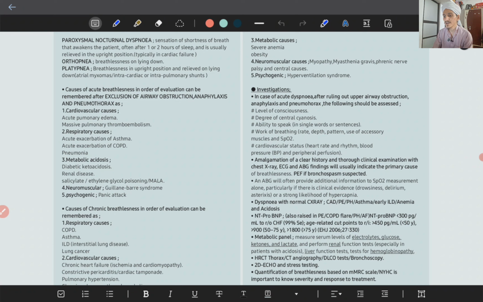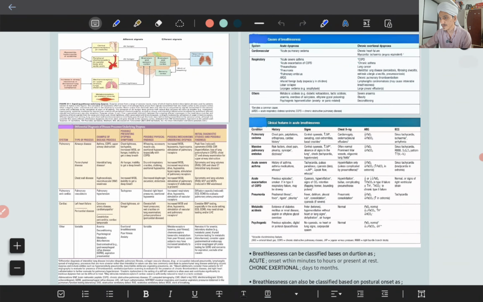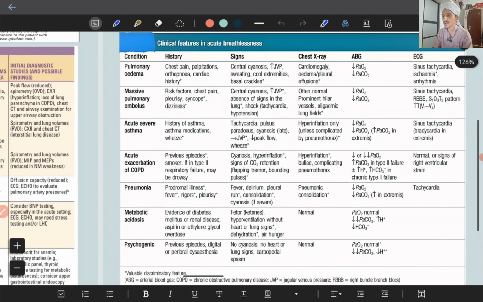Now firstly we will revise and summarize briefly yesterday's topic, not all. Yesterday we saw that the main classification divides dyspnea into two: acute and chronic.